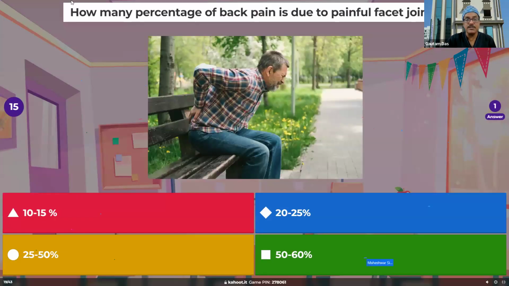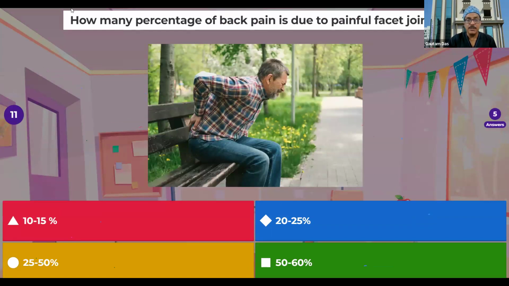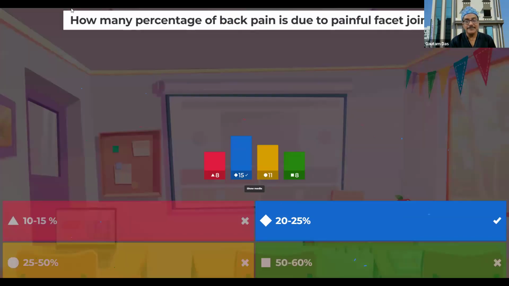The disc, as I already mentioned, is around 25 to 30%. But what is the percentage of the facet joint as a cause of back pain? The answer is every fourth or fifth patient suffering from back pain has it because of the facet.